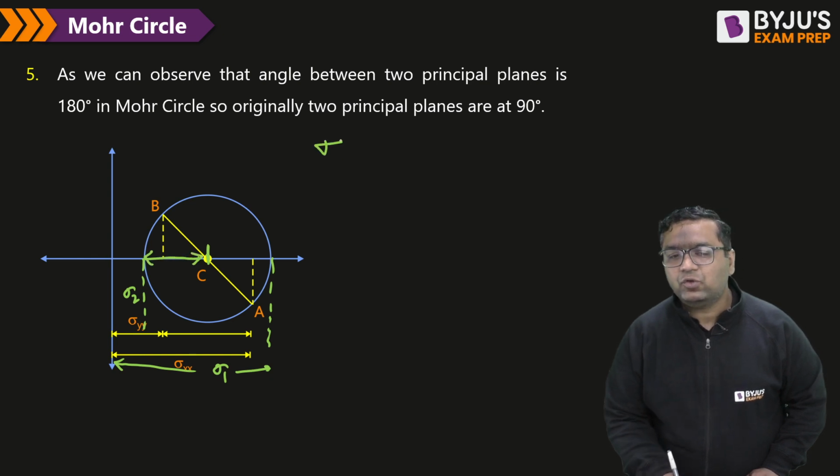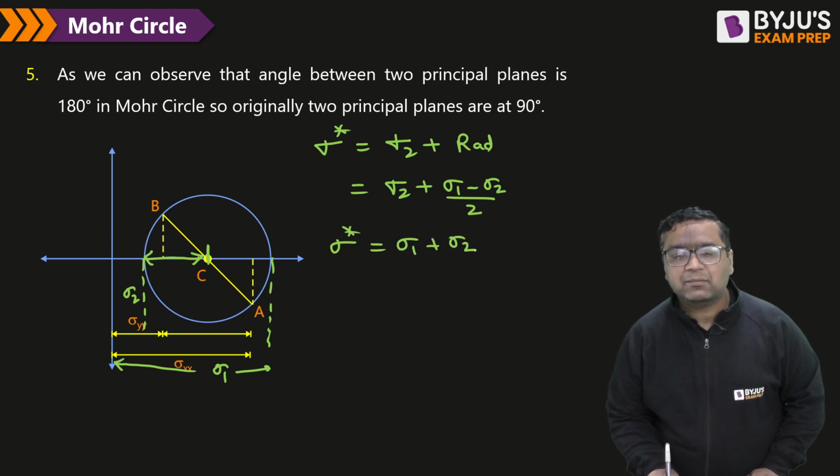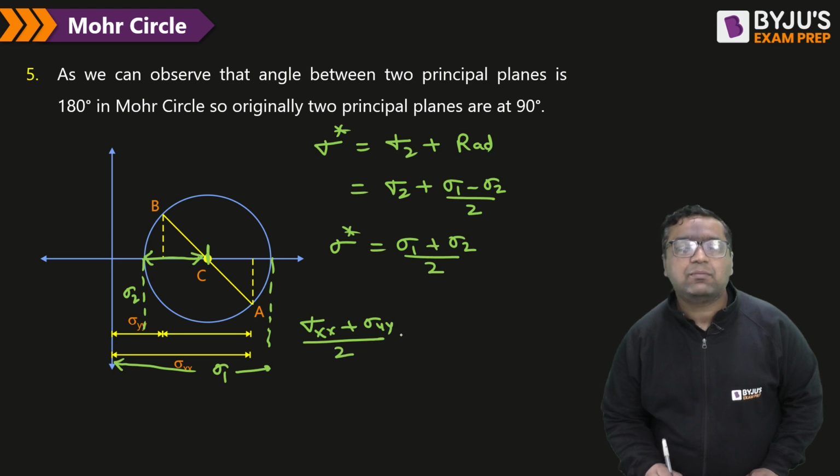So one more value of sigma star can be written as sigma 2 plus radius. What is radius in terms of principal stresses? That is sigma 1 minus sigma 2 by 2. So you will get sigma star to be sigma 1 plus sigma 2 by 2. And earlier, sigma xx plus sigma yy by 2 was the value of sigma star.